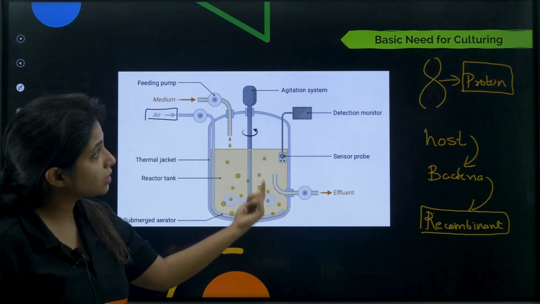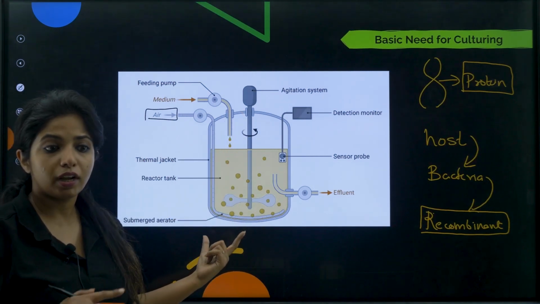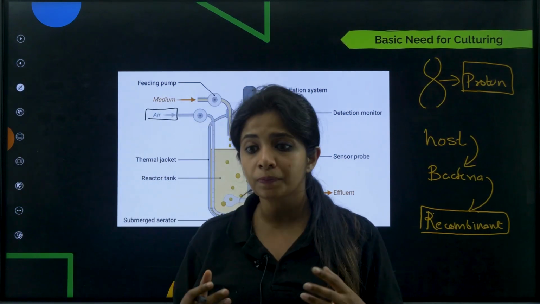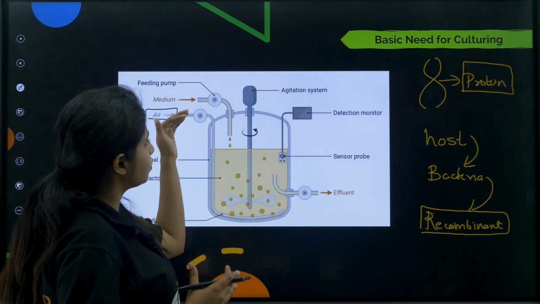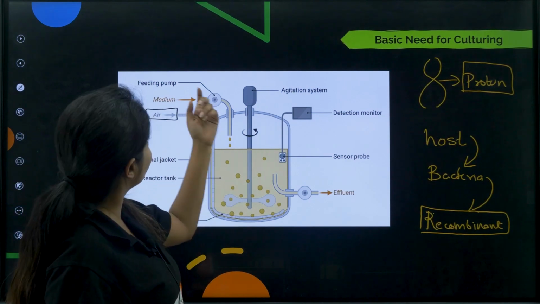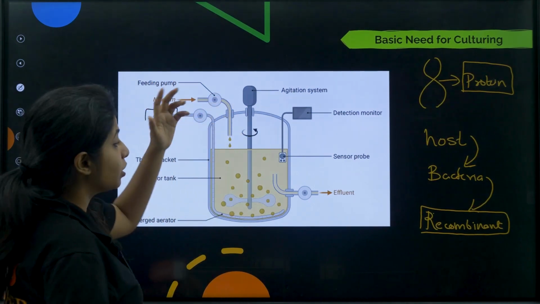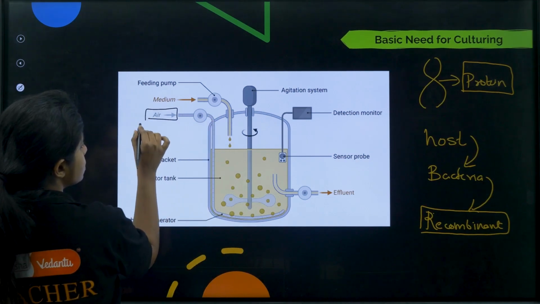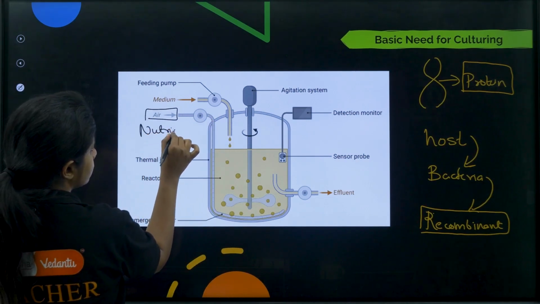Second thing, there should be a system to agitate, to stir things and mix things. Why, children? Imagine the air is being provided from this side, and there is a feeding pump, another pump through which I am giving the nutrients needed for things to grow.